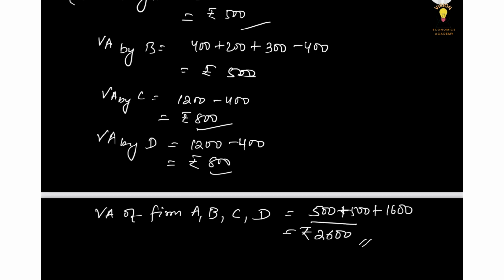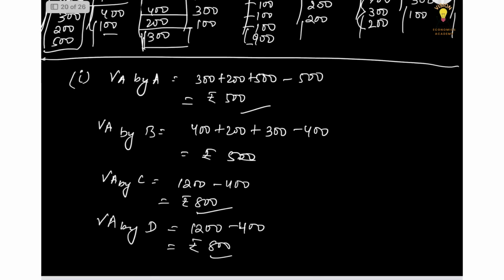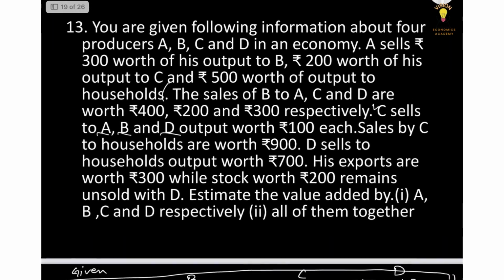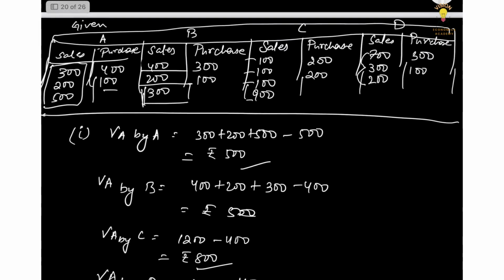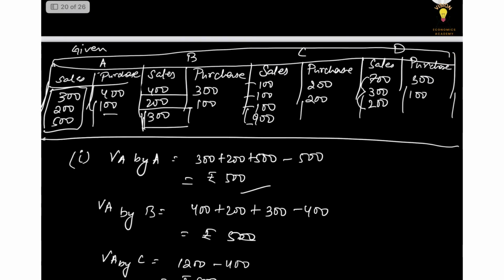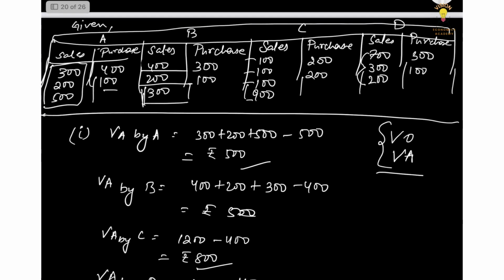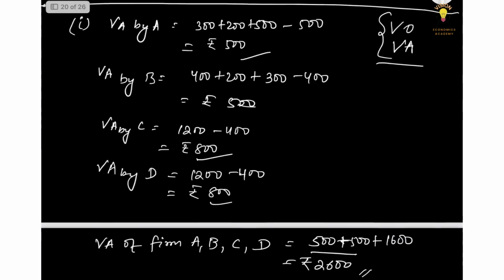Okay, so this is the value added of firms A, B, C and D. All right. So all that was given in the question is easily put in the format of a table, as they have not given us value of output and value added directly. So only sales and purchases are mostly there. Then we can easily put them into a table and solve it.